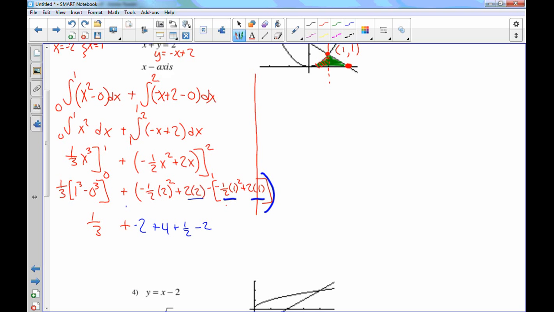Okay, so we have, oh look, negative 2 and positive 4 minus 2, so those all cancel out. We have 1/3 plus 1/2. So we're going to have to get a common denominator, right? 6 and 6. So 2/6 plus 3/6 equals 5/6.